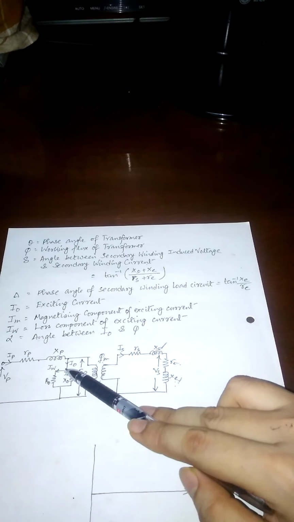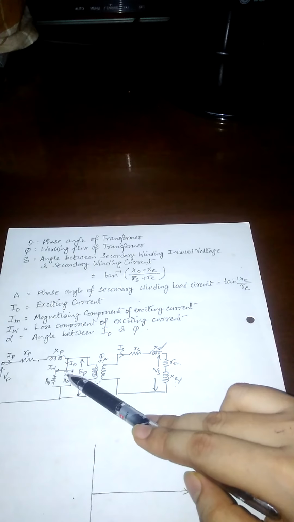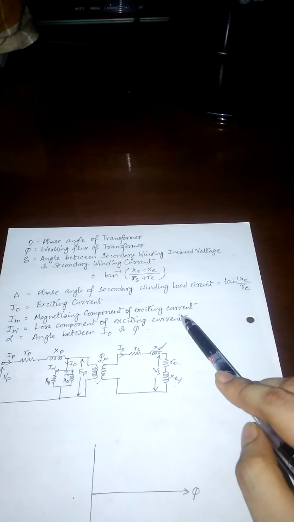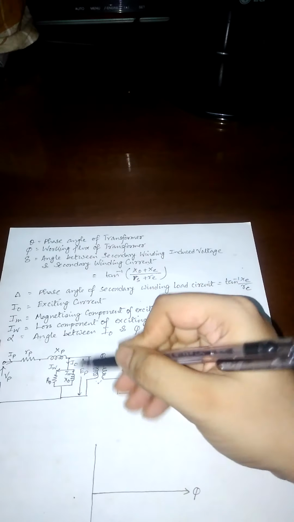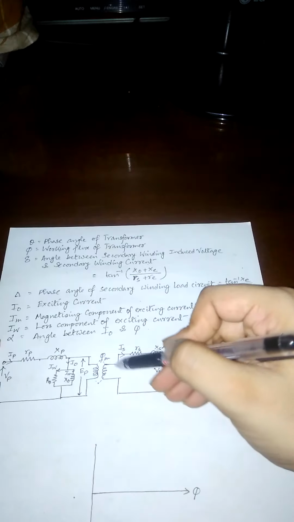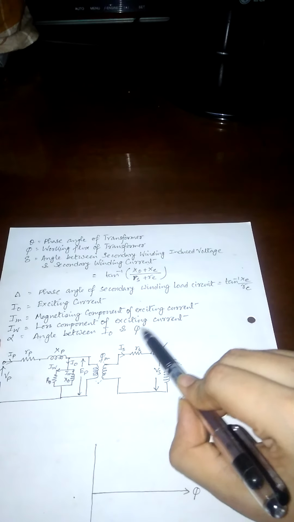I0 is the exciting current. We know that for a transformer, this is the component. Im is the magnetizing component of the exciting current. That means this is going to magnetize the core and provide that particular flux. IW is the loss component of the exciting current.